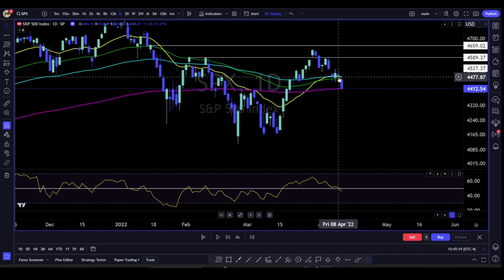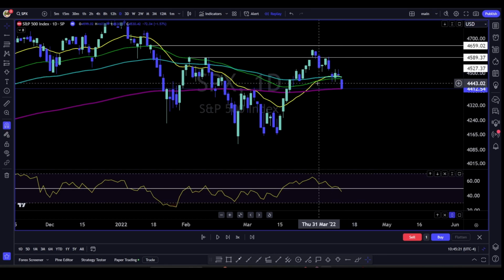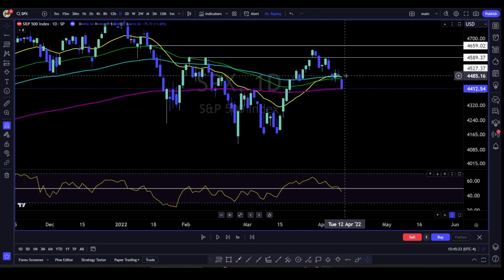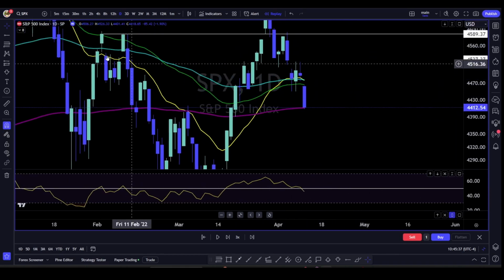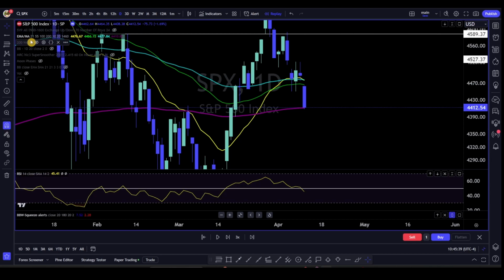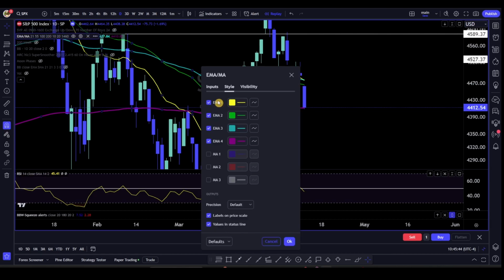They're still bearish. Even though you got back above the 50 and the 100 on the 21, the 50 did not get back above the 100. If the 50 would have gotten back above the 100, you would have been structured back to bullish. That did not happen. What I'm saying here, let's get rid of the 21 and let's get rid of the 200 so I can show you what I'm talking about.